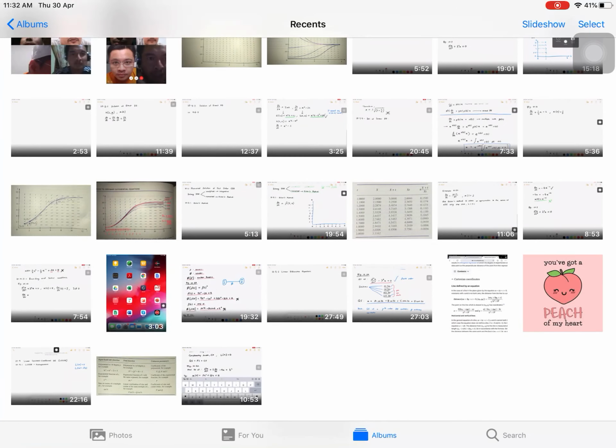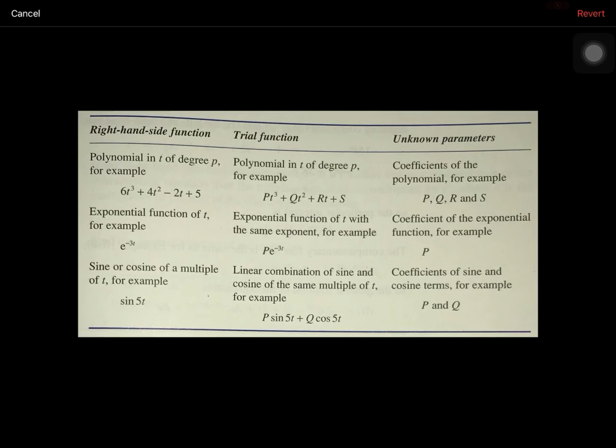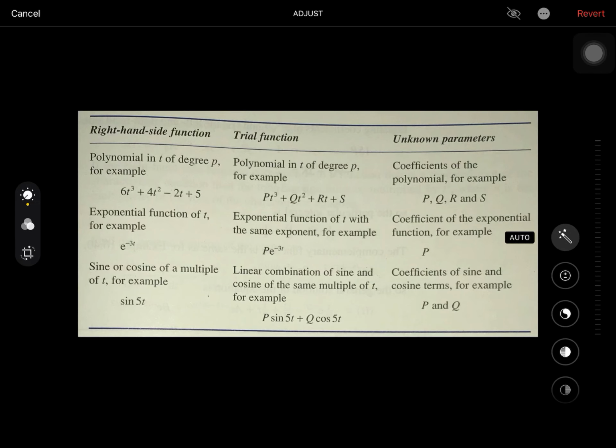Whenever you find the right hand side, so this is the right hand side function. The left hand side is the differential equation, which you can solve to find the complementary function. But the right hand side is for you to find the particular integral.